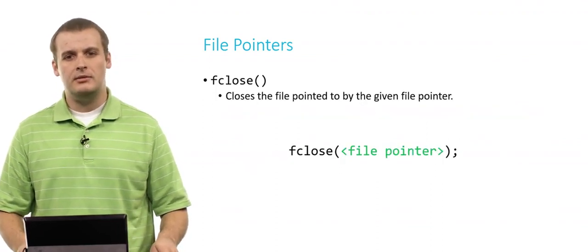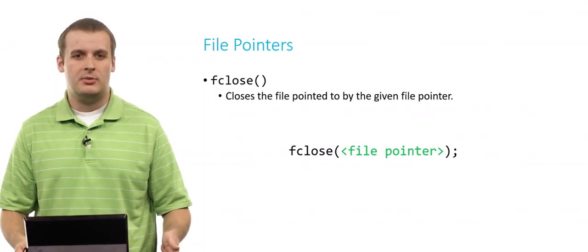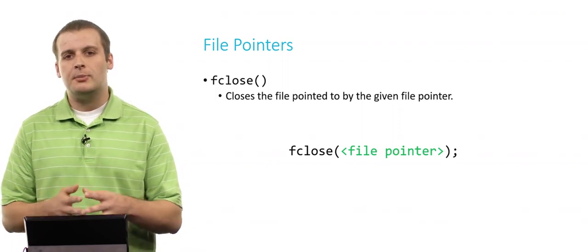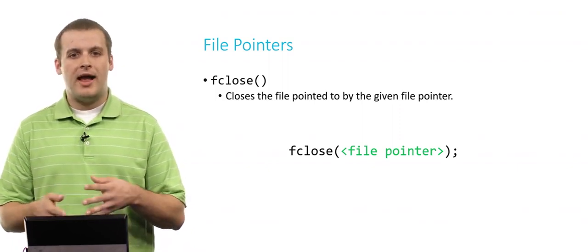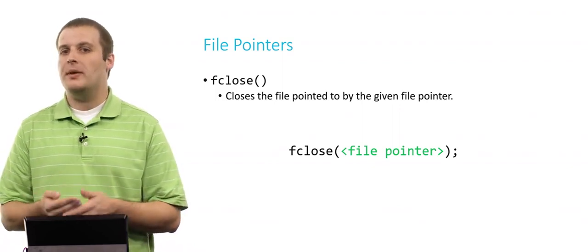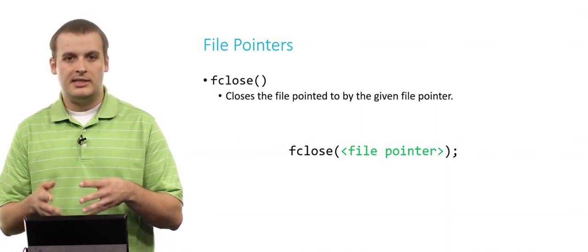So that's fopen. What about fclose? Well, pretty simply, fclose just accepts a file pointer, and as you might expect, it closes that file. Once we've closed a file, we can't perform any more file I/O functions, reading or writing, on that file. We'd have to reopen the file another time in order to continue working with it.